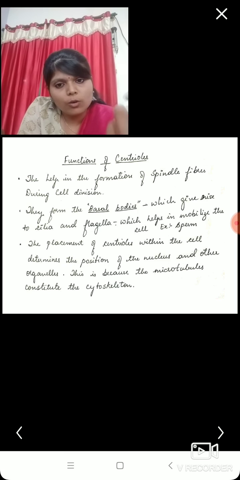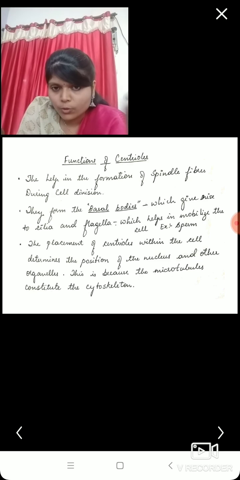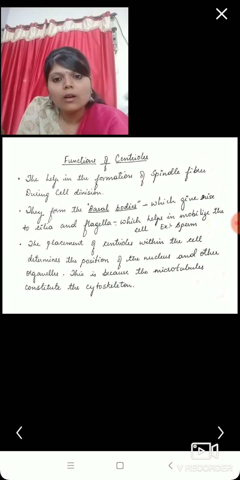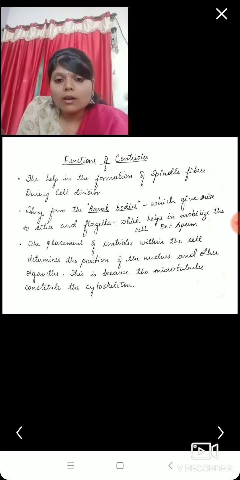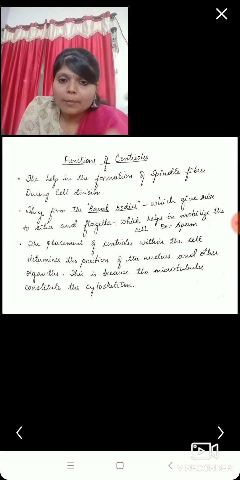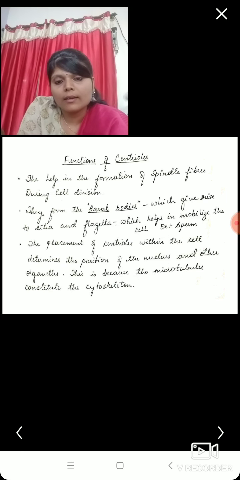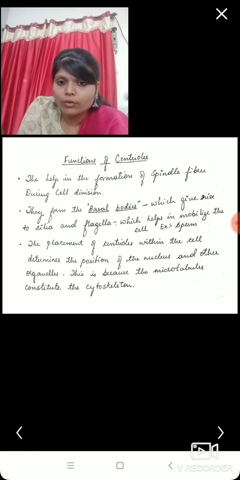Cilia are nothing but the locomotor structures of the cell, isn't it? If it is a unicellular organism like paramecium or euglena, the flagella or the cilia are the locomotor structures for these two organisms. But when coming back to the animal cell, in which cell do you require the cilia, where the motion of the cell is happening?